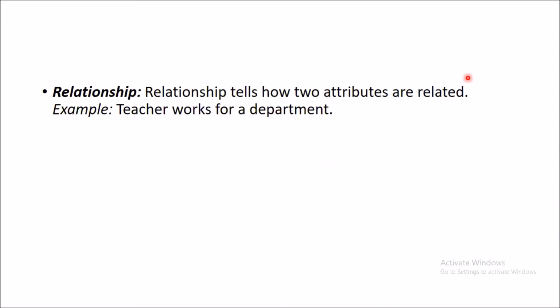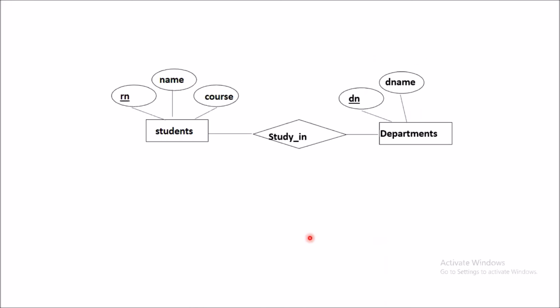Now next is relationship. Relationships tell how two entities are related to each other. For example, teacher works for a department. Here you can see in this diagram, study in shows the relationship between student and department. Student studies in department.